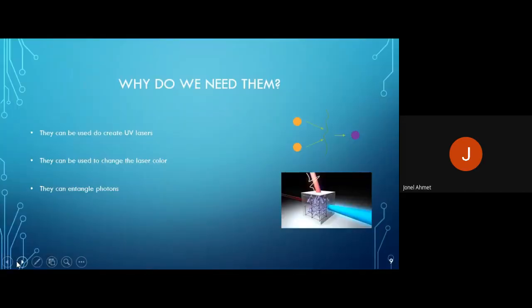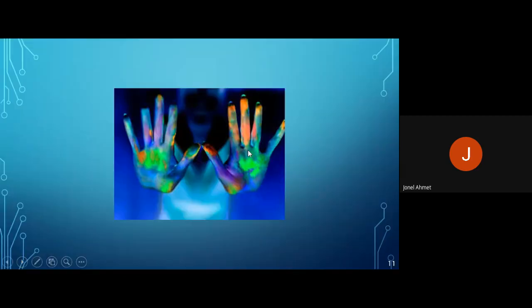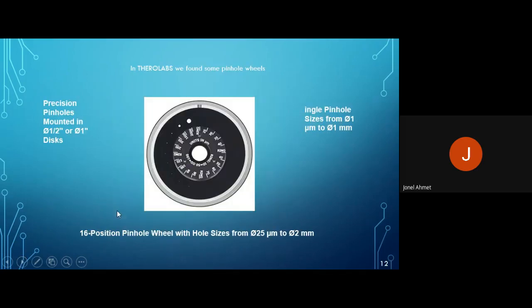So, what are the industries that we can use this in? It could be the army. It could be the process of creating UV light, which is used for various things. So this is from Thorlabs. We found some pinhole wheels.